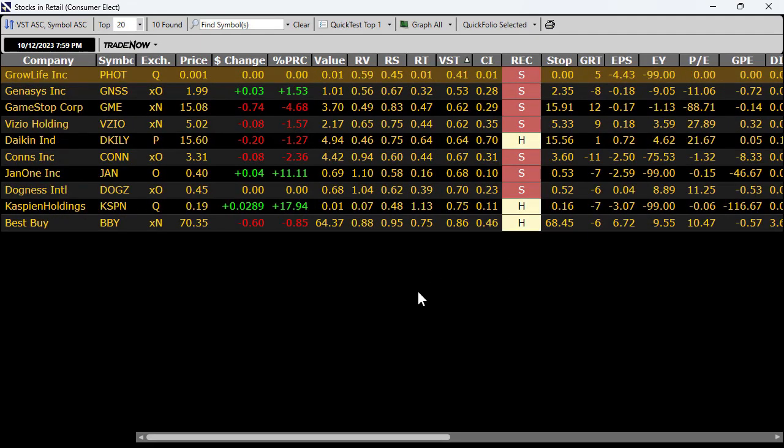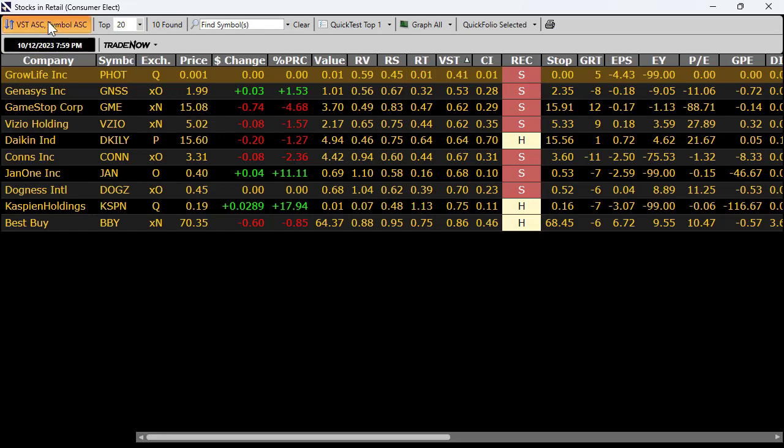Resort by VST ascending. And again, you could sort the list differently. You could sort by CI ascending. You can start to combine indicators. If you're bottom fishing, for example, and you want to look for good quality stocks that have been beaten down, you can use a sort like VST divided by RT or RV divided by RT.